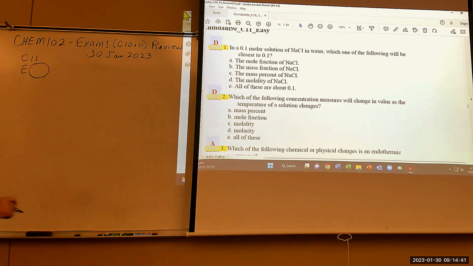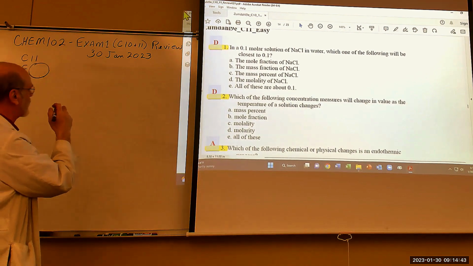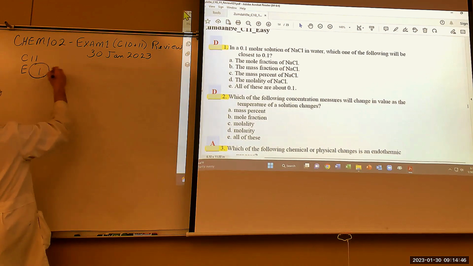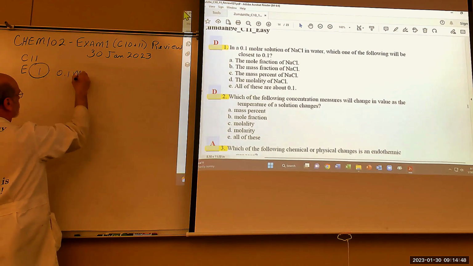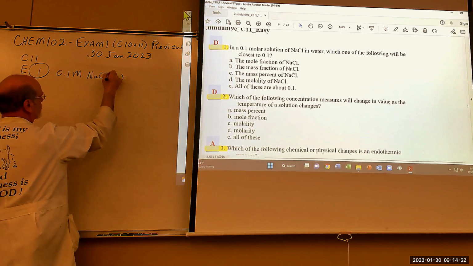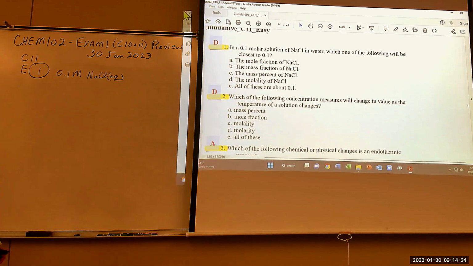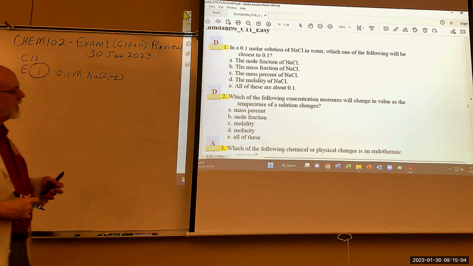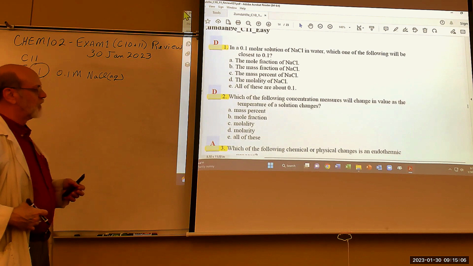In a 0.1 molar solution of sodium chloride in water, 0.1 molar sodium chloride aqueous. Okay, that's our starting point. Which one of the following will be closest to 0.1? Mole fraction, mass percent, molality.